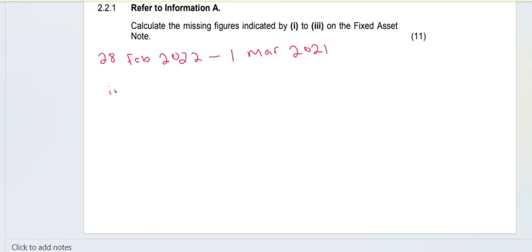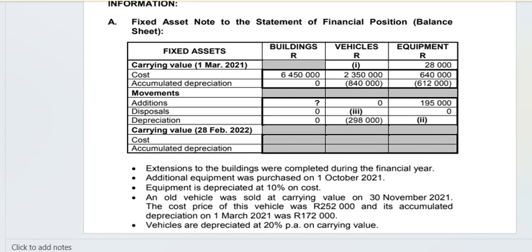So now let us simply do the calculations. Here we can see our first Roman figure is standing in the carrying value. How do we calculate a carrying value? The carrying value is equal to the cost minus accumulated depreciation.